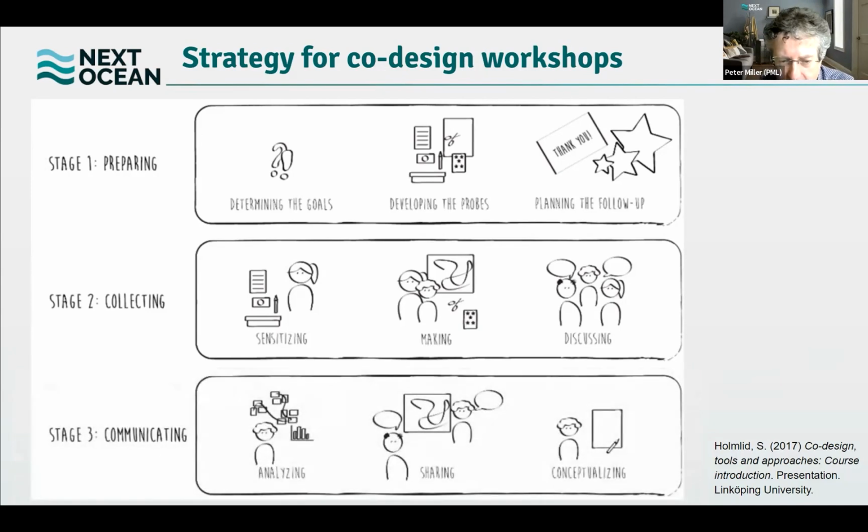Critical is stage 3, which is really the work of the facilitators for that workshop, while the workshop is happening, to analyze all this information that's coming out and to start grouping things together, pulling out common threads and ideas. And then once the facilitator thinks that they see and understand what the users are trying to tell us, then to share that back.